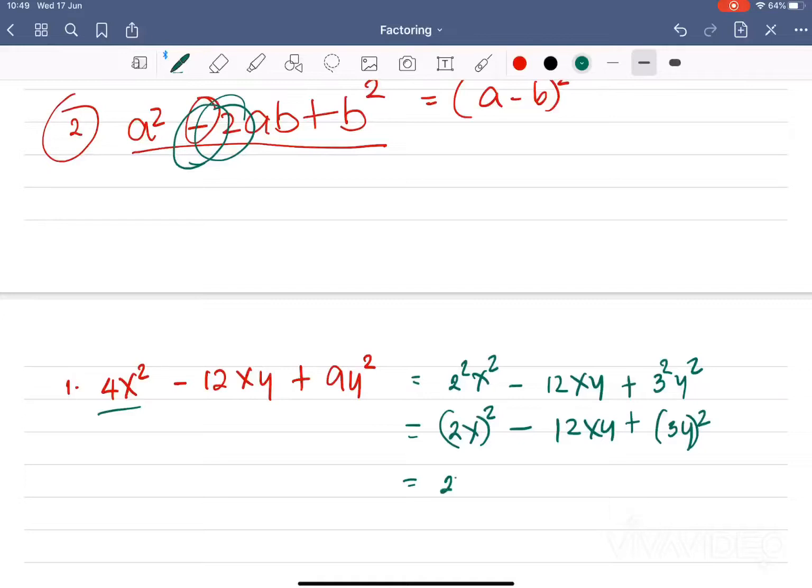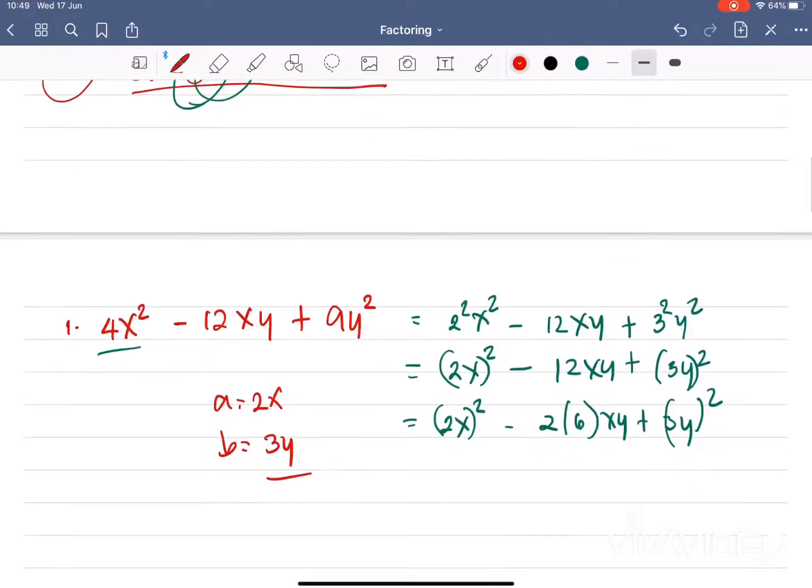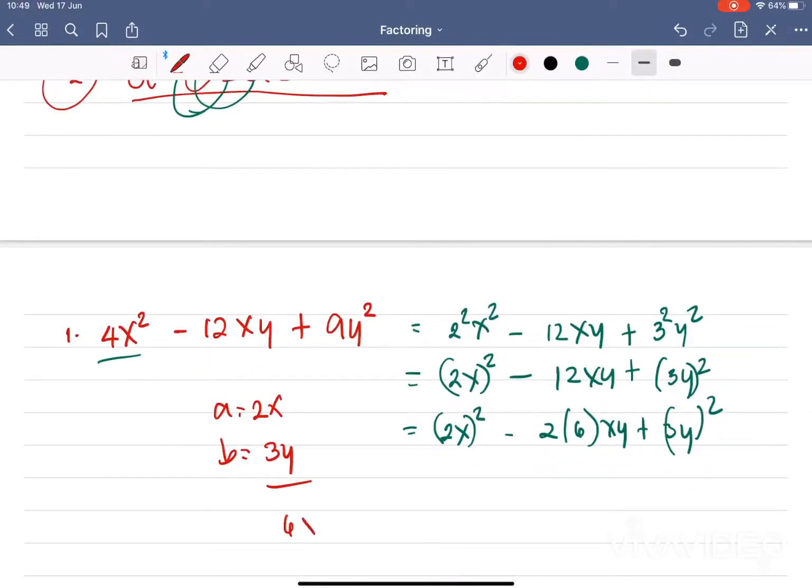So we can have 2x quantity squared minus 2 times 6xy plus 3y quantity squared. So in this case, our a is equal to 2x, b is equal to 3y. If I multiply them together, I will get 6xy, which is there, and I have constant 2.